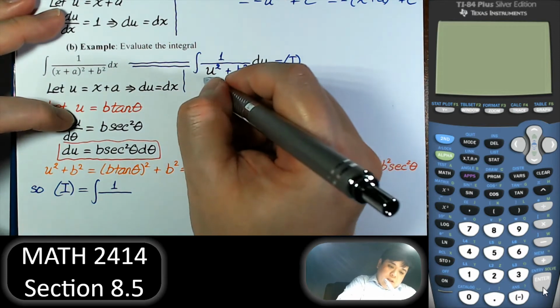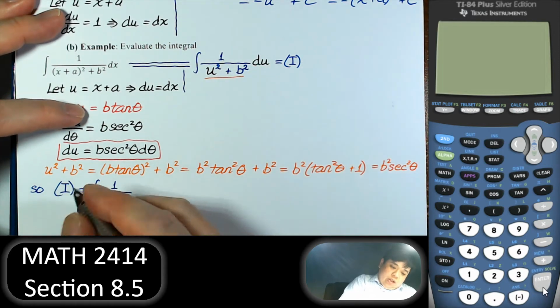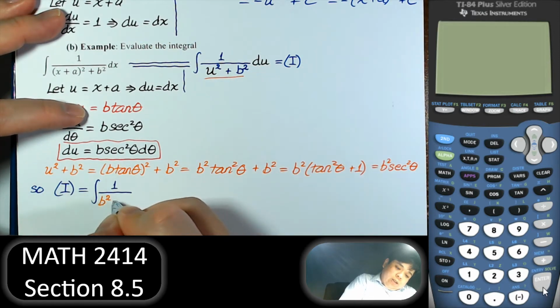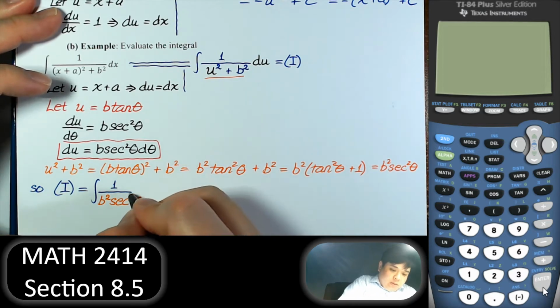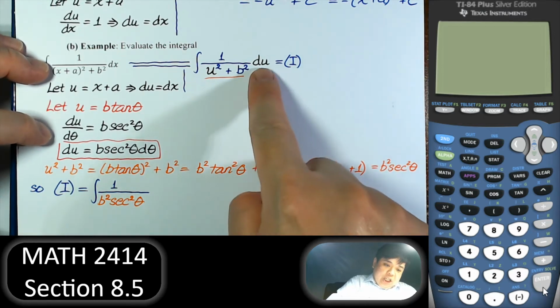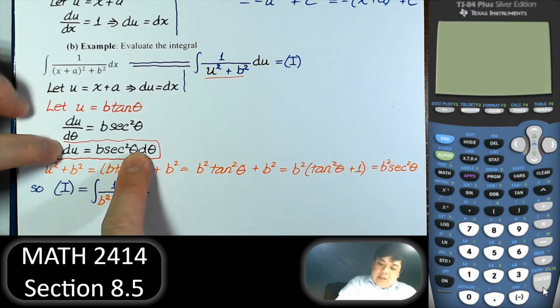Here we have u squared plus b squared, which is b squared secant squared, and du is this.